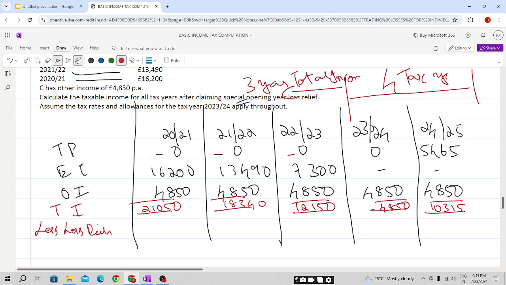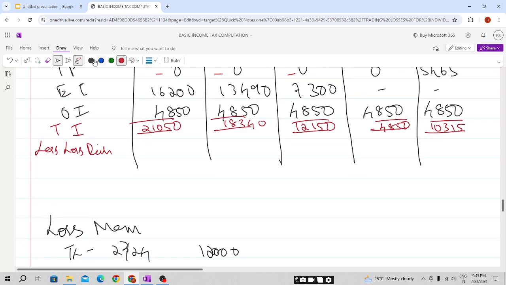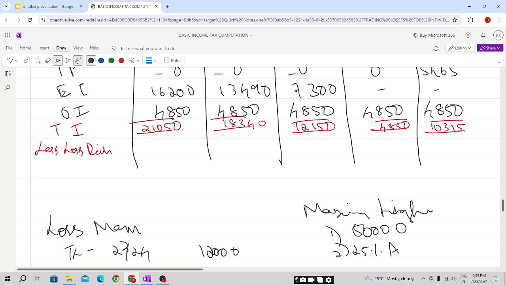This is opening year loss relief. We can set it off against the previous 3 tax years, but the maximum restriction applies. The maximum restriction says the higher of 50,000 or 25% of the ATI. As our total income is less, the maximum will be 50,000. So the maximum we can claim is 50,000.